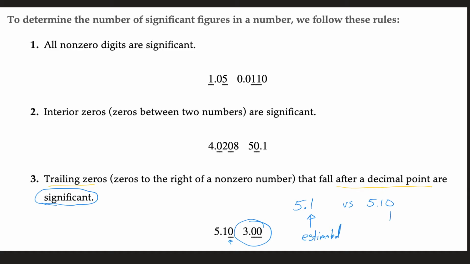But in 5.10, the 0 is the estimated digit. So the 5.10 is a more precise measurement because it gives more detail to the measurement. It gives detail down to the hundredth of whatever unit we're talking about here, whereas 5.1 only gives us information down to the tenth of the unit.